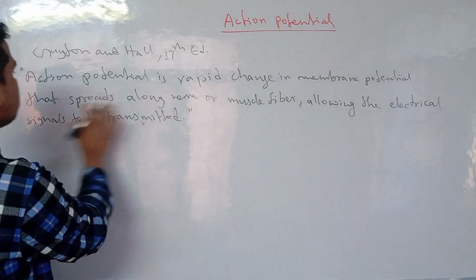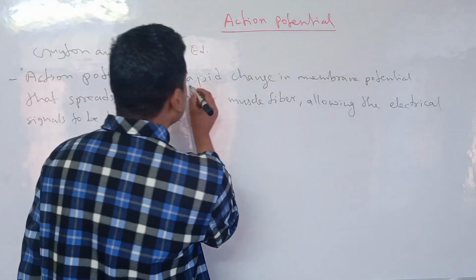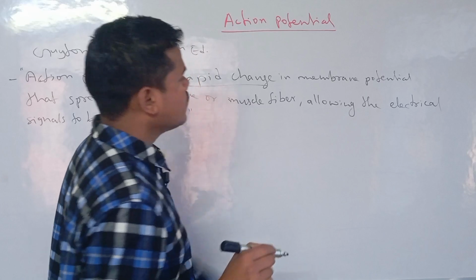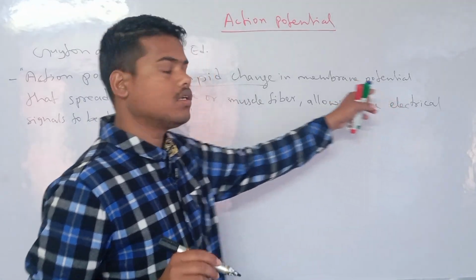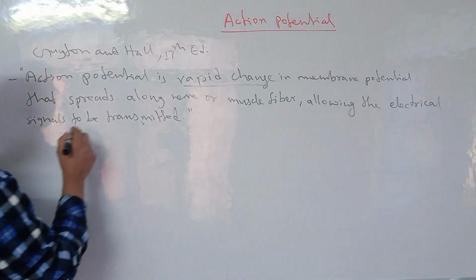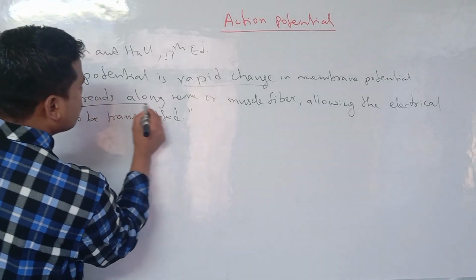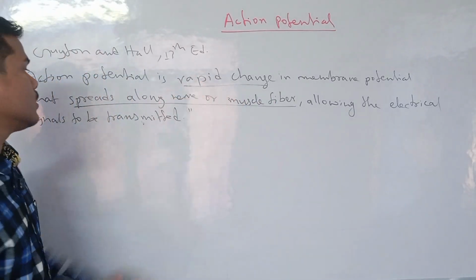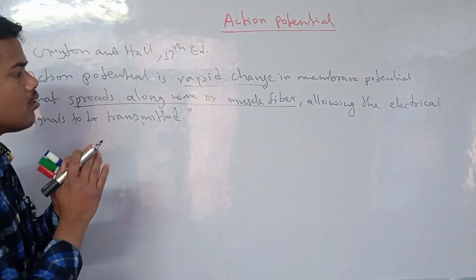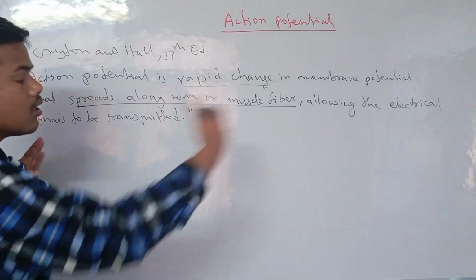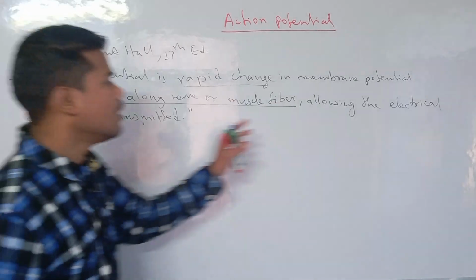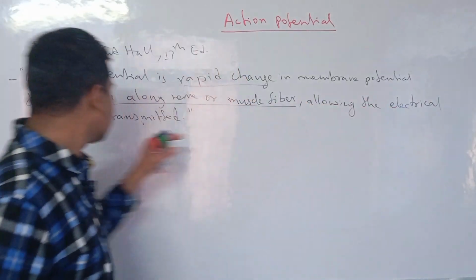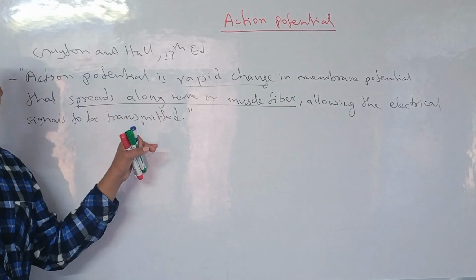So what is the main point? It is a rapid change in the membrane potential that spreads along the nerve or muscle fiber, that is excitable cells, all the way throughout the fiber, and allows the electrical signals to be transmitted.